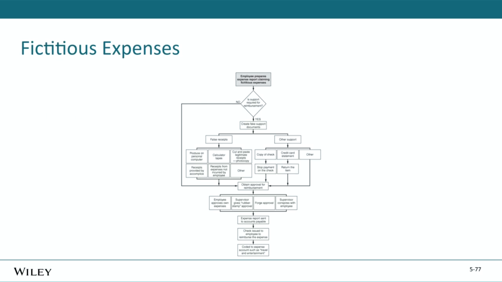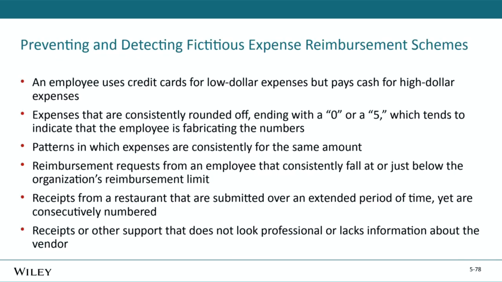How do you prevent this? An employee uses credit cards for lower dollar expenses but pays cash for high dollar expenses. That seems odd. And then gets reimbursed for this cash that they paid. Expenses that are consistently rounded off, ending in 0 or 5, tend to indicate the employee is fabricating the numbers.